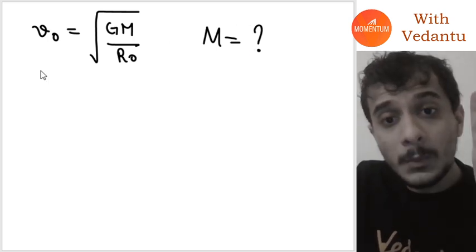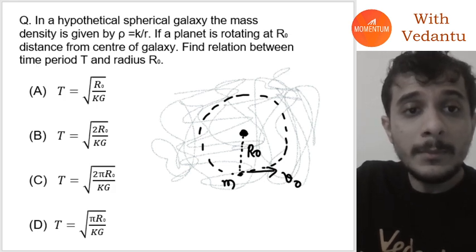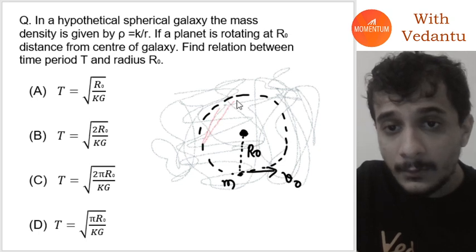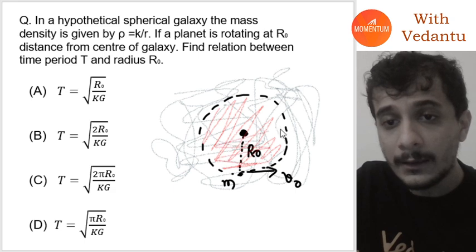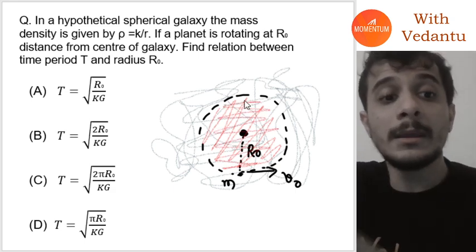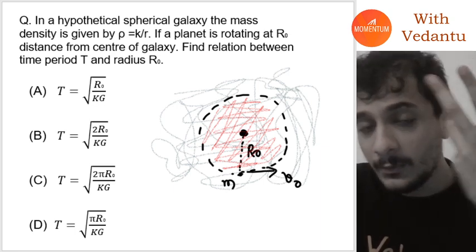What will be this mass? The mass contained within this spherical region. If you can calculate this mass, you will be able to calculate the orbital velocity, and then you can calculate the time period very easily.